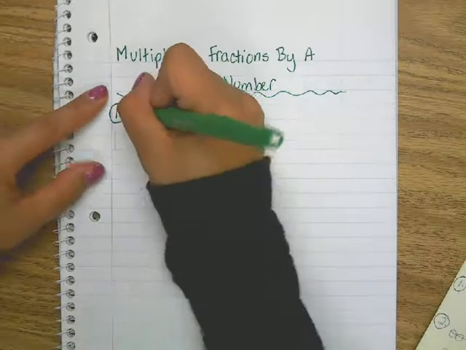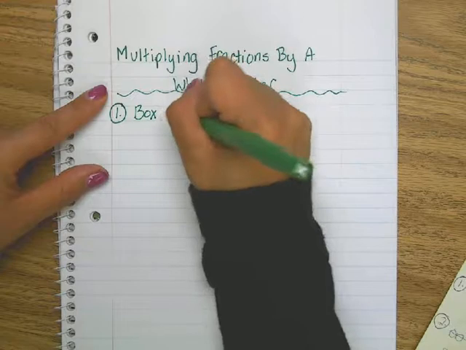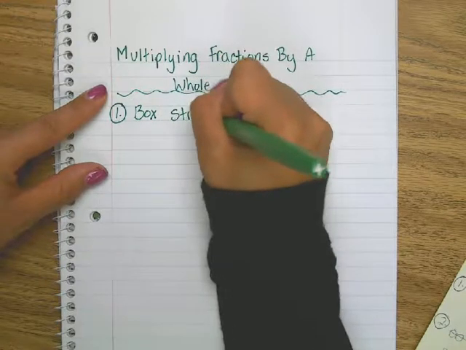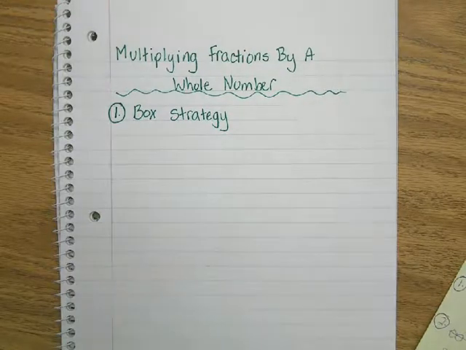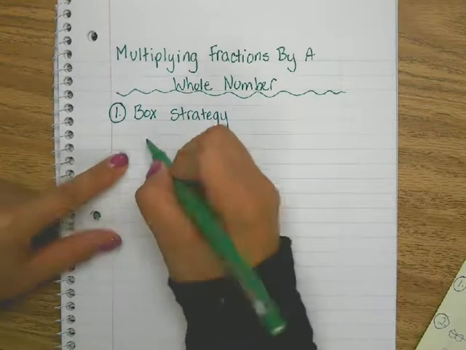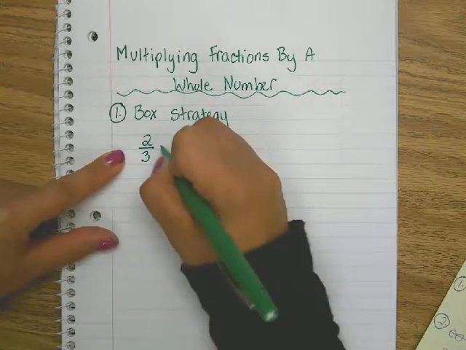So I just call it the box strategy. I don't know what its real name is, and this is what we did Friday. So for example, if we have 2/3 of 4.